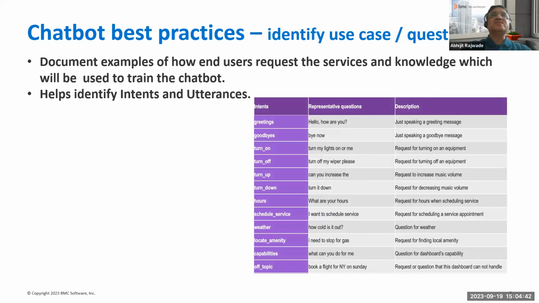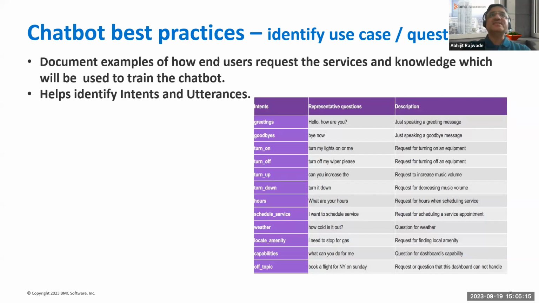This is the most important step in terms of the bot development process, which is identifying the use cases or questions. Here you need to interview or talk to your end users and collect the exact type of questions or how they are going to request the services and the knowledge. Using these, you can build a spreadsheet, and this itself will be useful for you to define your intents and utterances once you start designing the bot using Watson Assistant.